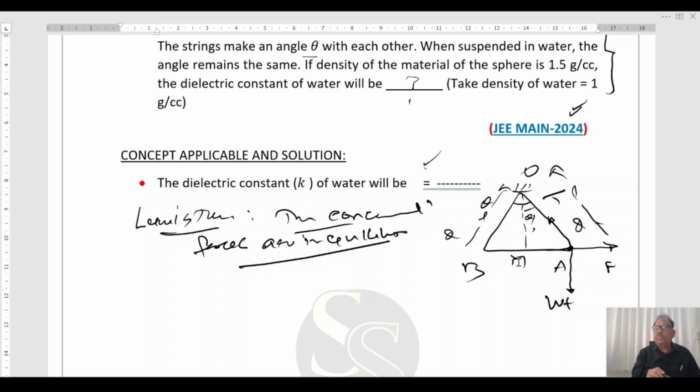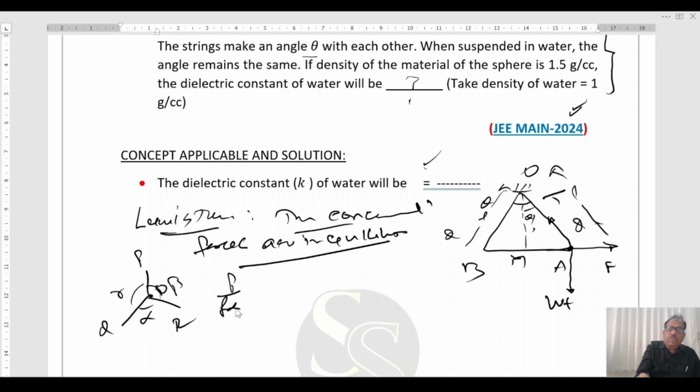Now, Lami's theorem is in terms of angle also. So this is point O, P, Q, R, alpha, beta, gamma. P upon sin alpha, Q upon sin beta, R upon sin gamma.